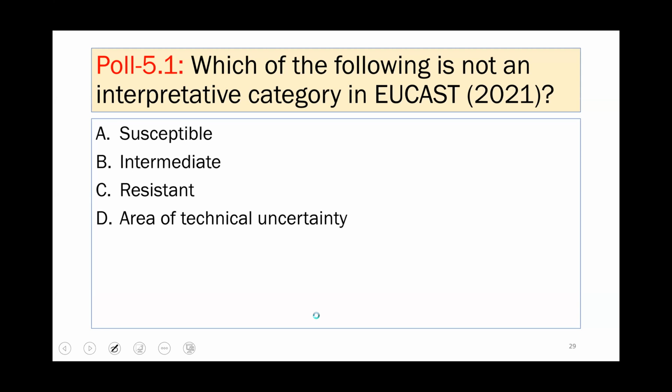All may start polling. Polling time is 1.5 minutes.